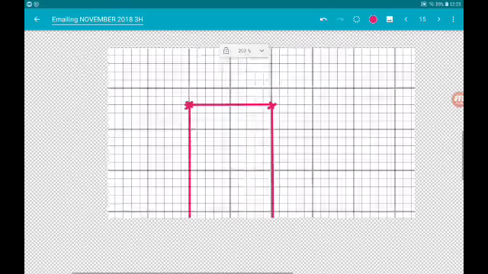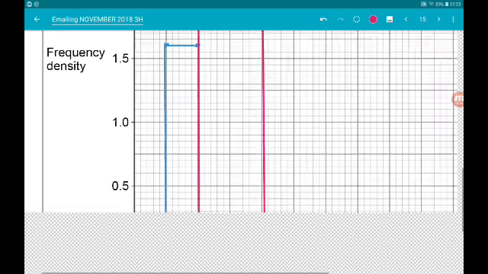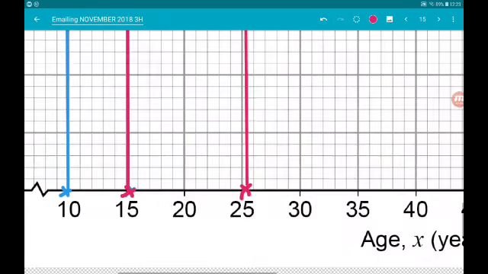Cool, so there is our second bar. Let's make this look a bit better. Cool. Right, for the third one.